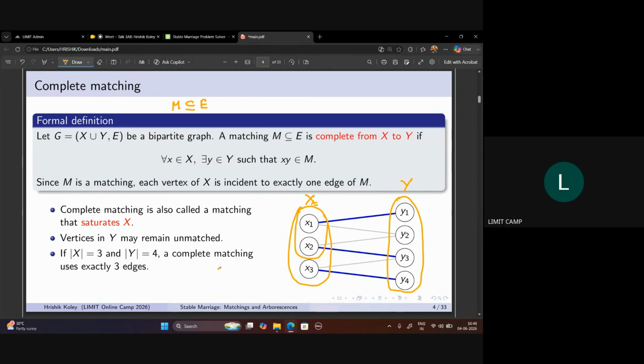In that case, you would just need the edges X1, Y1 and X2, Y3 to be your matching, and you have a complete matching on this subset X1 and X2. Also, a complete matching from X to Y is also called a matching that saturates X. Technicalities won't be that important.